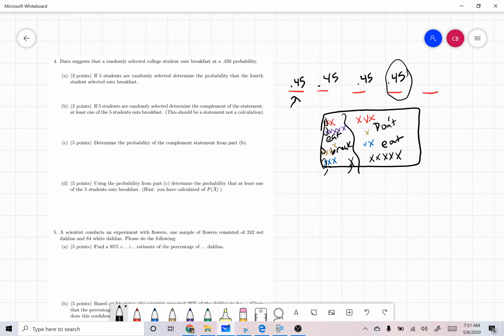But so to get to the complement of that statement, you need to choose where you don't choose anybody in here at all. So the complement of this statement is that none of the five eat breakfast. And so that would be if this happened, that green happened.